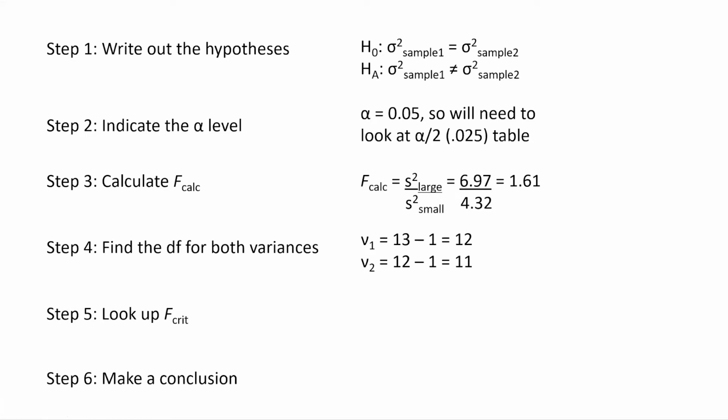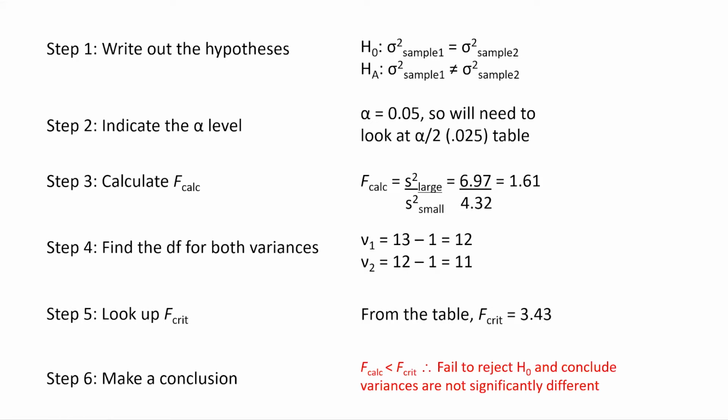So nu 1, our degrees of freedom for bird species 1, is 12. Nu 2, our degrees of freedom for bird species 2, is 11. We can then look up our F-crit on our alpha over 2, alpha equals 0.025 table, and we find that our F-crit is 3.43.